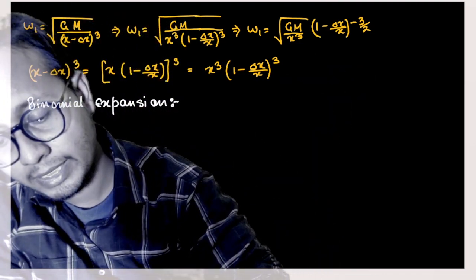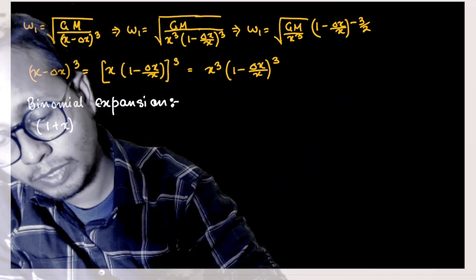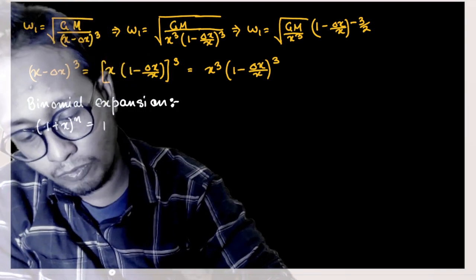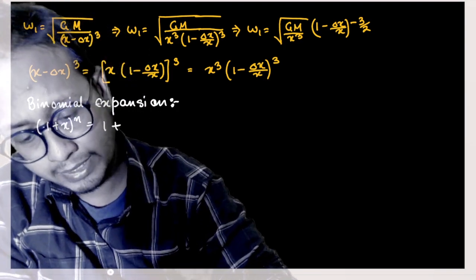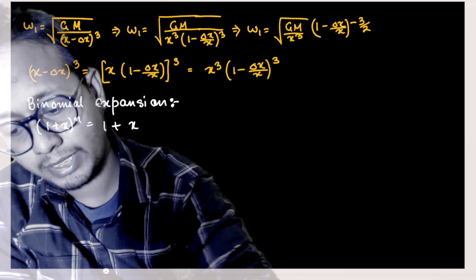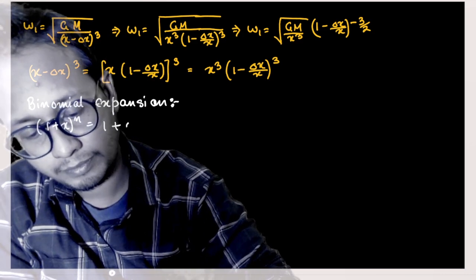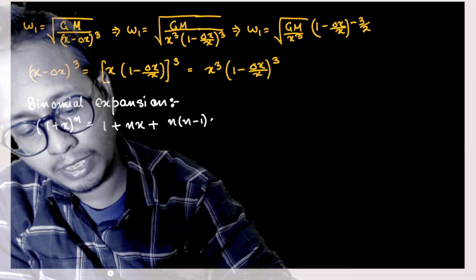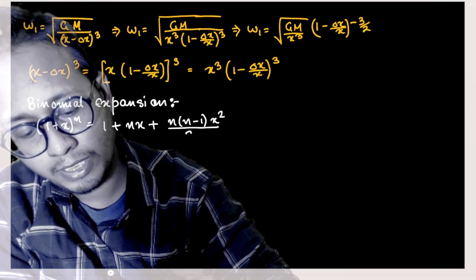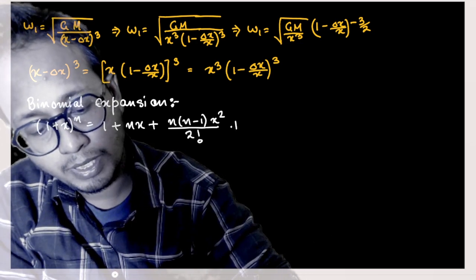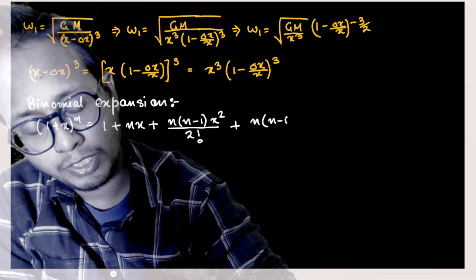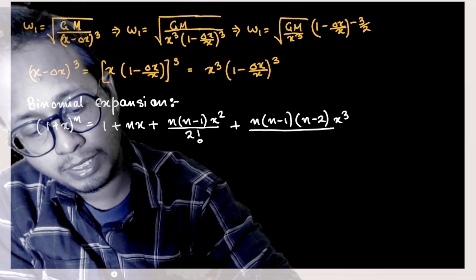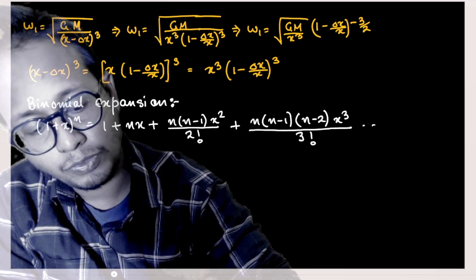What the theory says is that 1 plus x to the power n, where x is much lesser than 1, can be written as 1 plus nx, plus n into n minus 1 x square divided by 2 factorial, plus n into n minus 1 into n minus 2 x cube divided by 3 factorial, and so on.